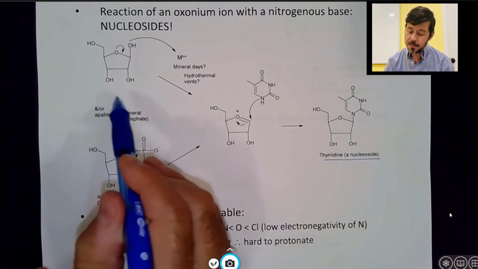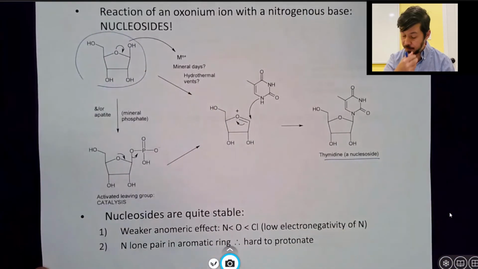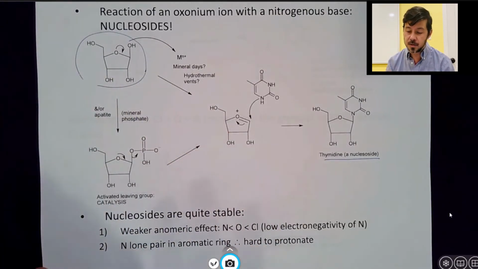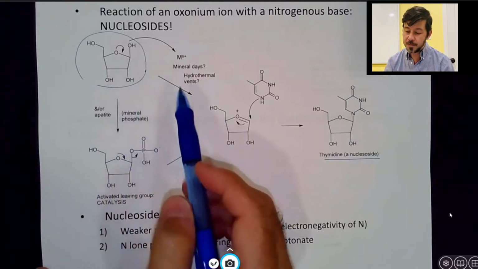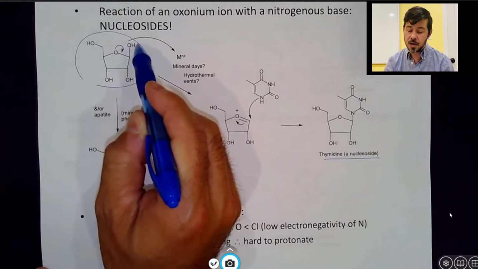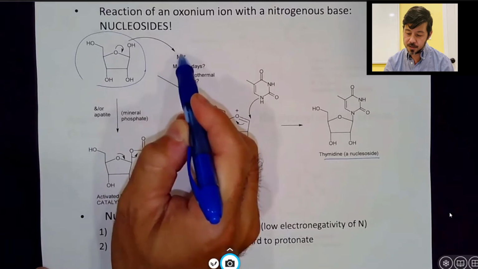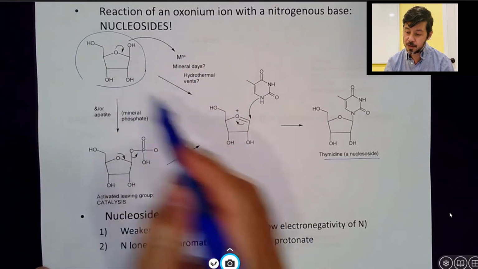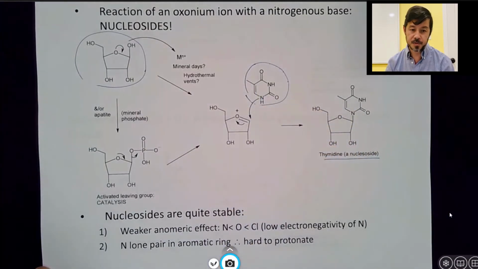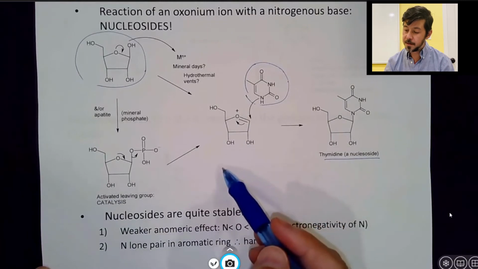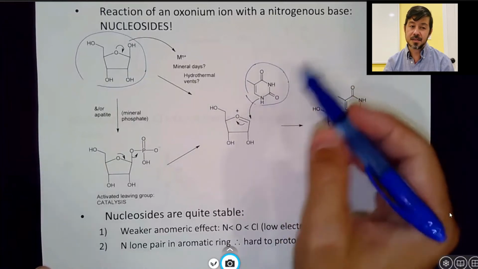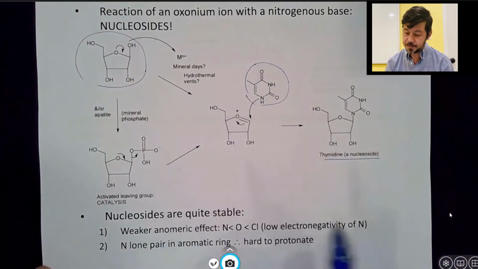If sugars are formed, and we've learned that these can be formed through the elongation of cyano groups to aldehydes, it's possible that perhaps in hydrothermal vents or in the presence of minerals acting as a Lewis acid, you could have this group coordinate, if you don't have a phosphate or a pyrophosphate, leading to an oxonium ion, and then you could get some of the heterocycles coupling to that oxonium ion to generate nucleosides. So perhaps the nitrogenous bases were made earlier and then they coupled.